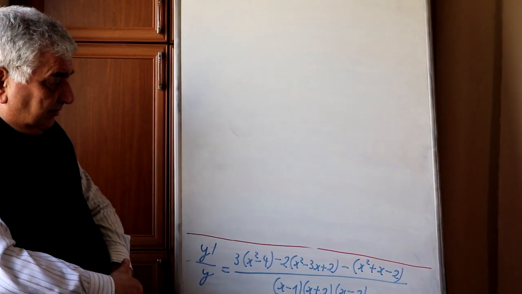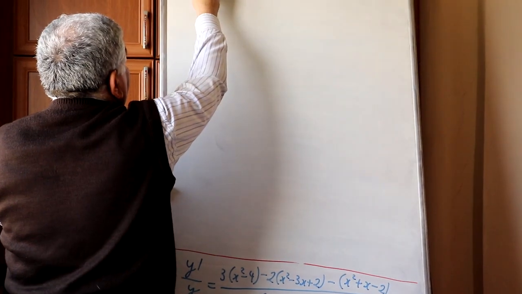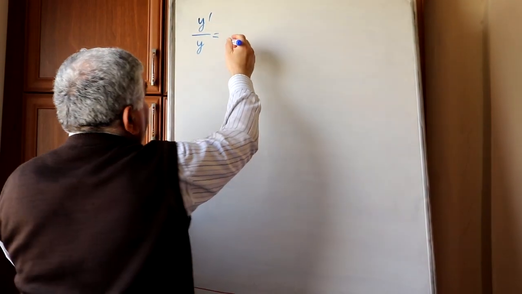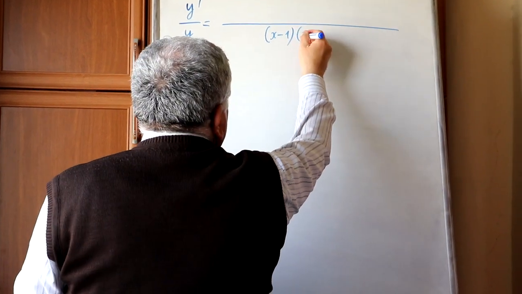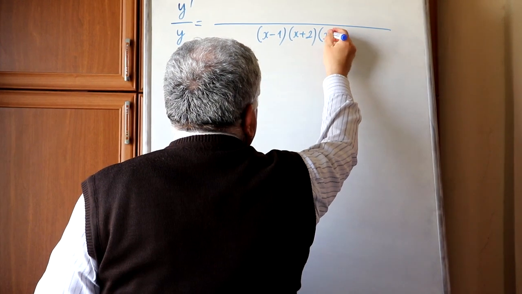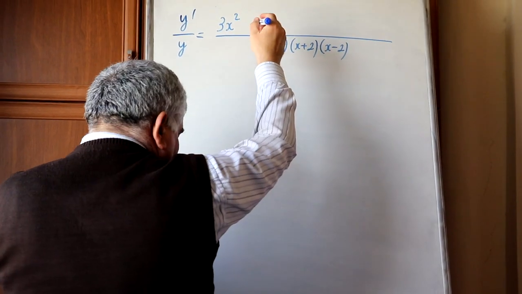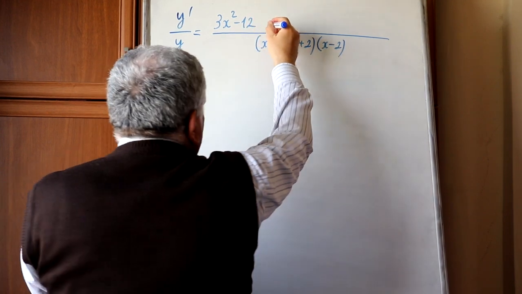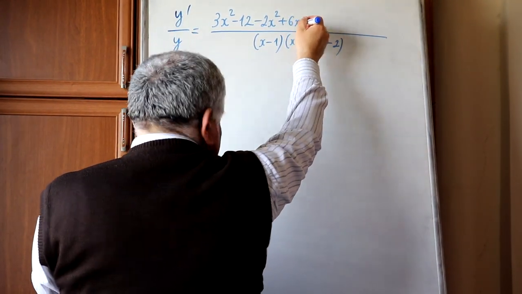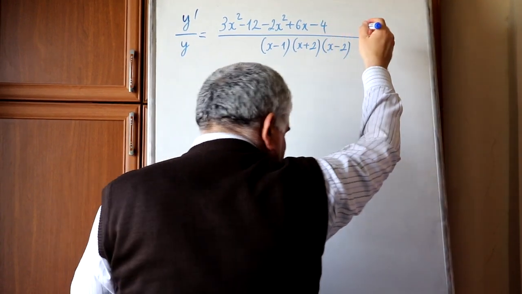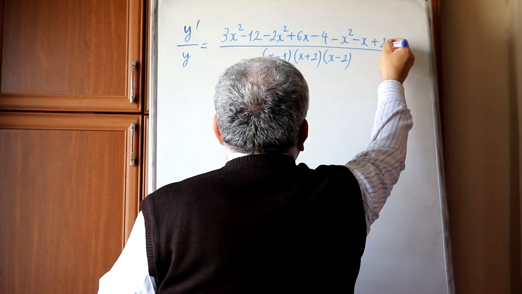Open parenthesis in the numerator: 3x squared minus 12 minus 2x squared plus 6x minus 4 minus x squared minus x plus 2.